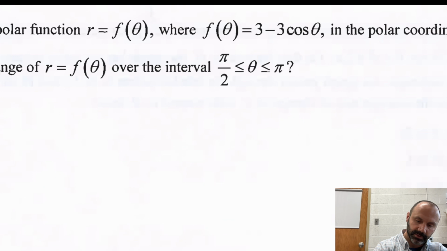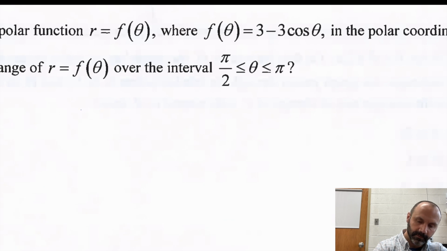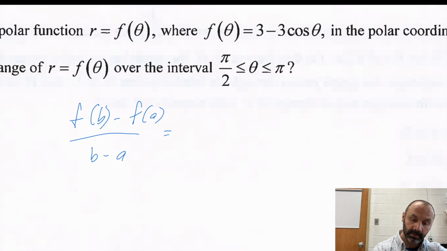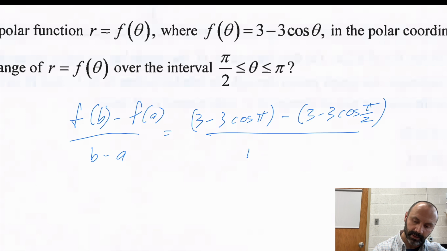So our function is f of b minus f of a over b minus a. Okay, so we're going to have 3 minus 3 cosine of pi minus 3 minus 3 cosine of pi over 2, over pi minus pi over 2.